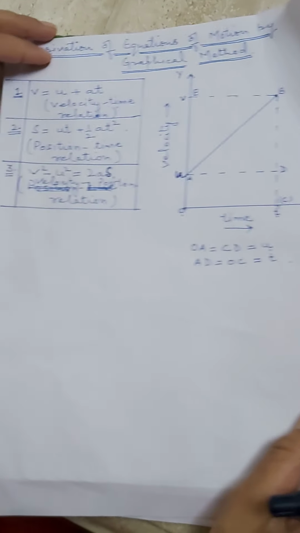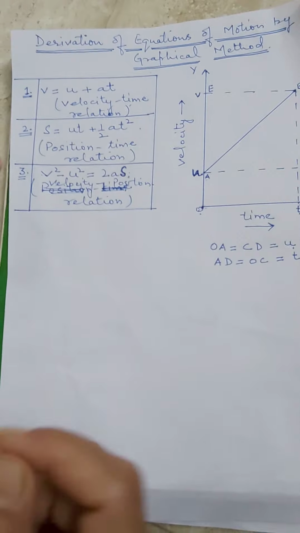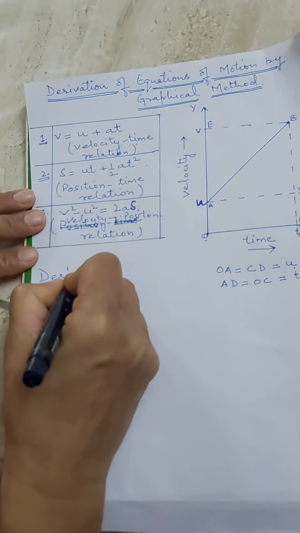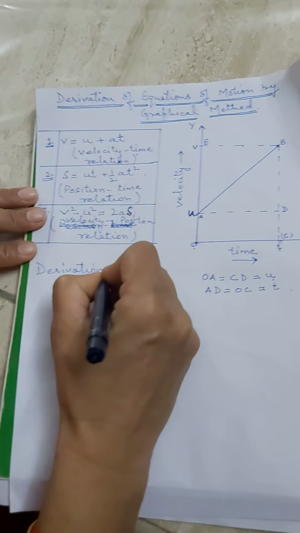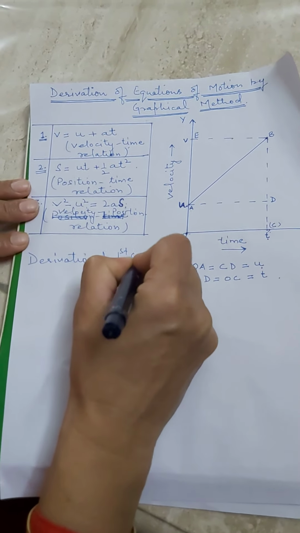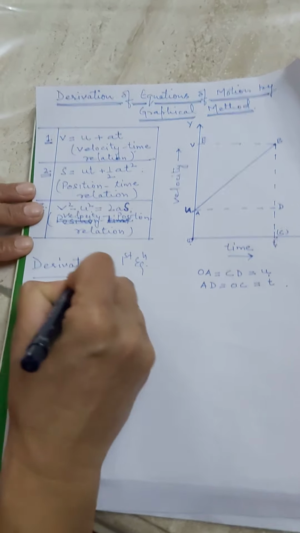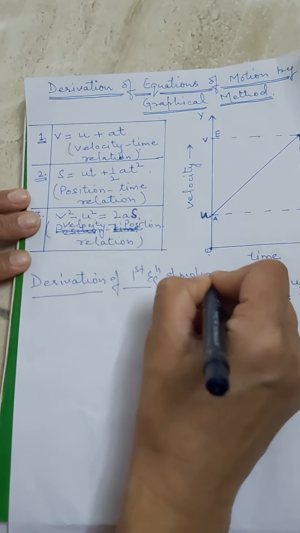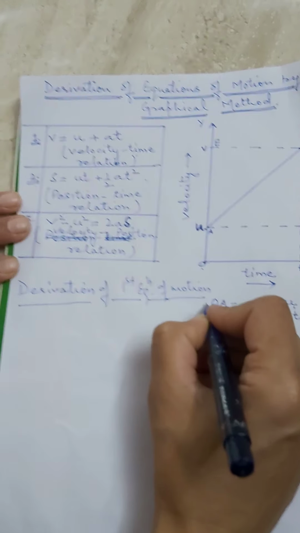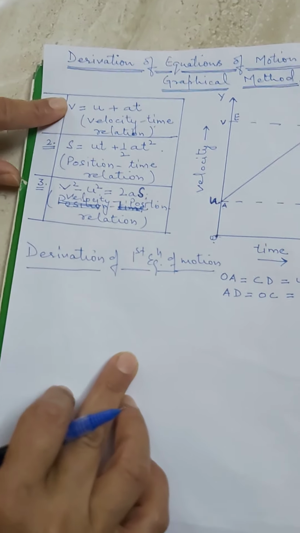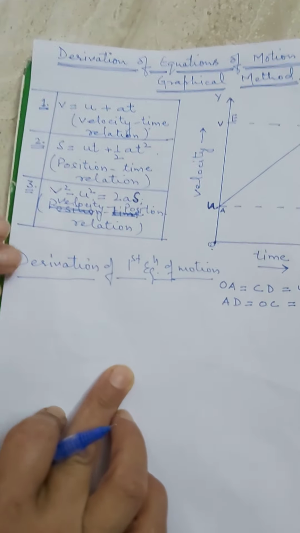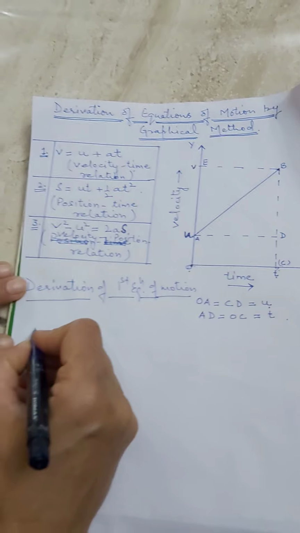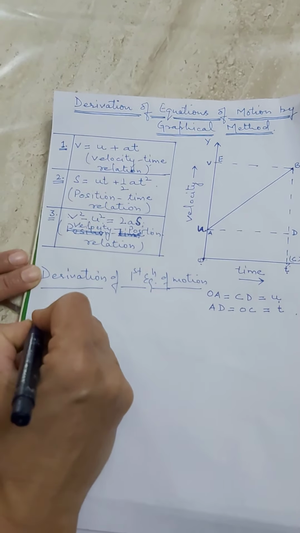So let us start with derivation of first equation of motion. This is v is equal to u plus at. Here we have acceleration in it, and how can we calculate acceleration from a graph?